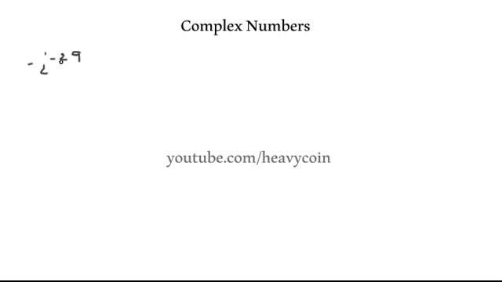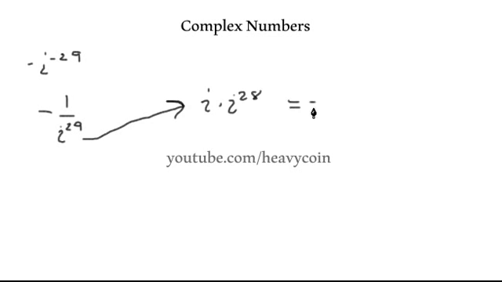Okay, this is -i raised to the -29. I'm going to rewrite this. This is -1 over i to the 29th. And of course, this part here, we're just going to focus on that. That can be written as i times i to the 28th, so i times i squared, and all of this is going to be raised to the 14th. Right, breaking up this 28, 2 times 14.